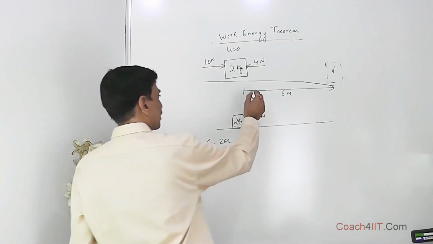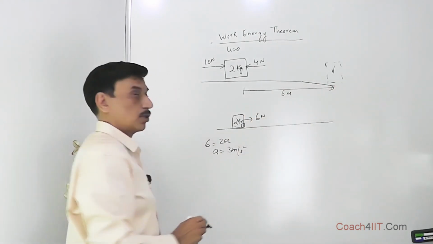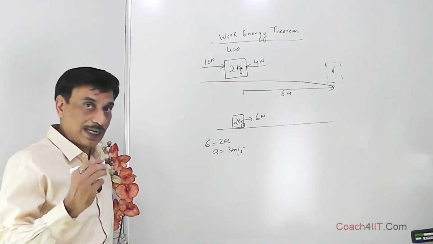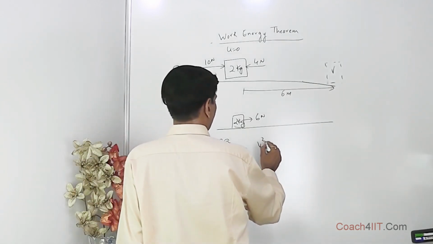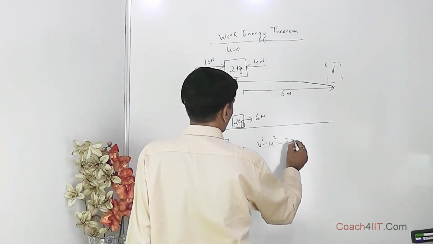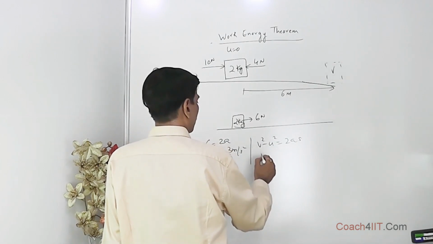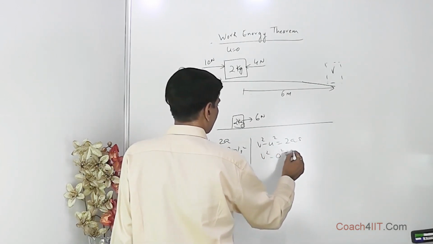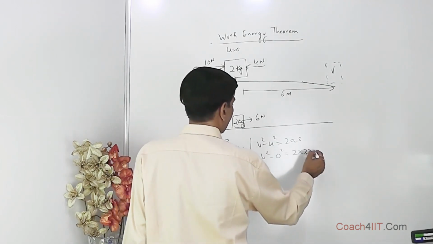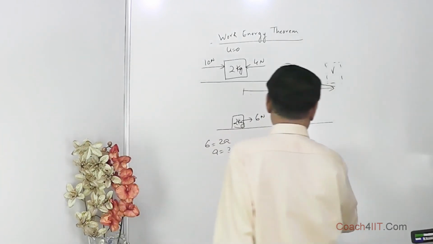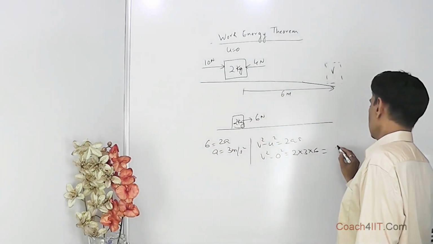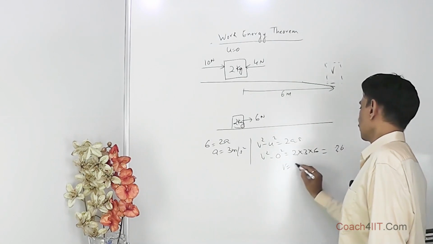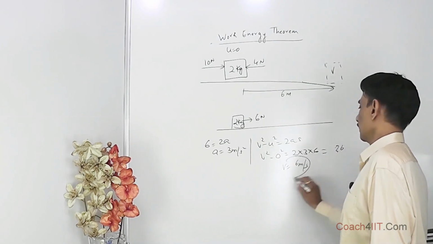After traveling a distance of 6 meters, because acceleration is constant, we can directly use the equation of kinematics: v square minus u square is equal to 2as. So v square minus u square is equal to 2 into 3 into 6, which comes out to be 36, or v comes out to be 6 meters per second.